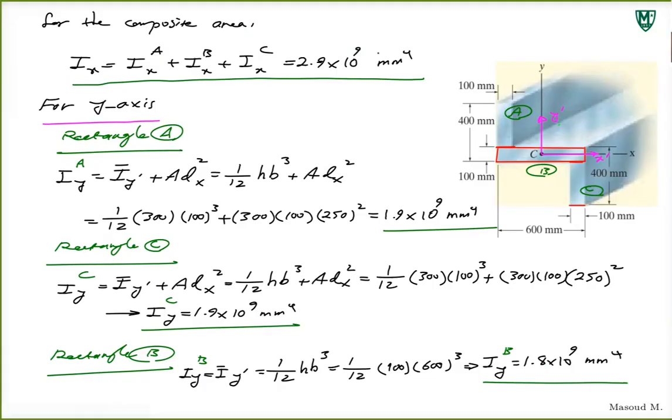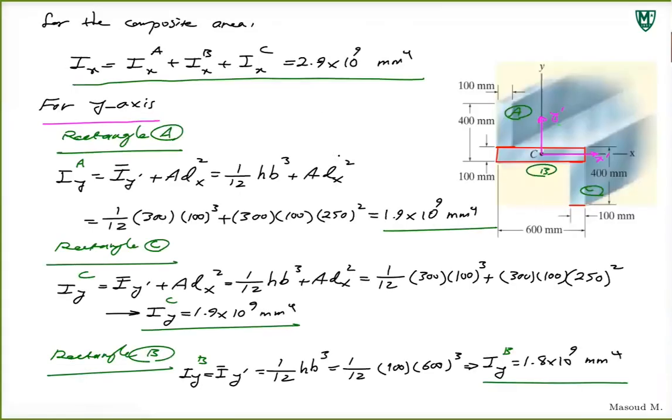So all we need to do is, for the composite area, we get Iy equal to Iy A plus Iy B plus Iy C that we calculated here, right, for A, B, and C. So you just add them up.